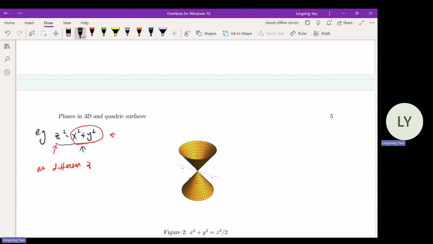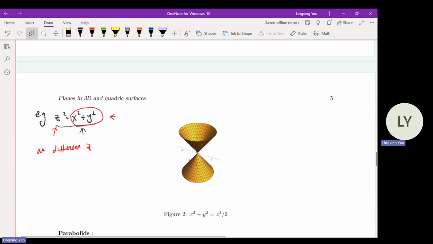Okay, so one more example, which is plotted over here. What's the difference between this equation and the equation we just wrote down a moment ago? It is z squared over 2 equals x squared plus y squared. How do we compare the one on the left and the one on the right? The surface in the middle is actually corresponding to the equation on the right. So still, we got a circle, x squared plus y squared, at different heights of z.